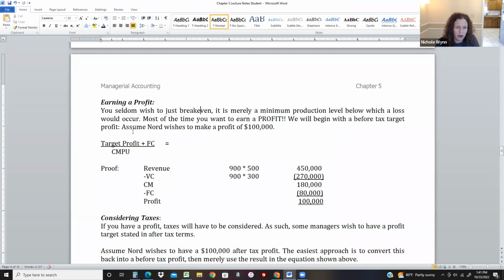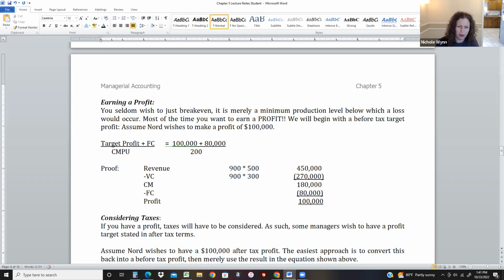Let's assume that Nord, or exercise bikes, wants profit of 100,000. So they're going to add the 100,000 to the 80,000 of fixed costs, and they're trying to make 180,000 over $200 per bike. So what I would do is take 100,000 plus 80,000 and divide by every bike I sell, which is 500 minus 300.